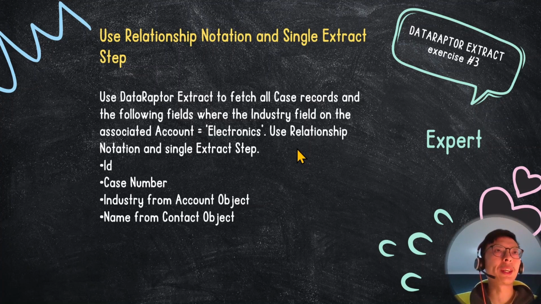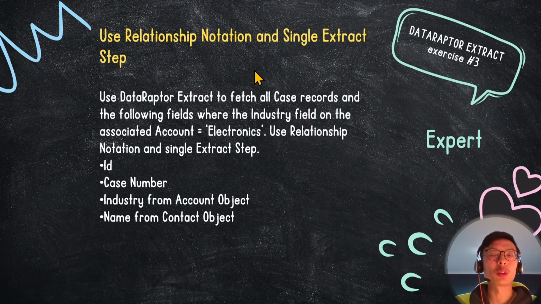Alright, next example here, we'll be using relationship notation and single extract step to do this exercise. So we'll be using DataRaptor extract to fetch all case records and the following fields, where the industry field under associated account is electronics. So use relationship notation and single extract step. So what we'll also do in this exercise is that we'll be using multi-step as well, just to compare the difference between a single extract step and multi-step.